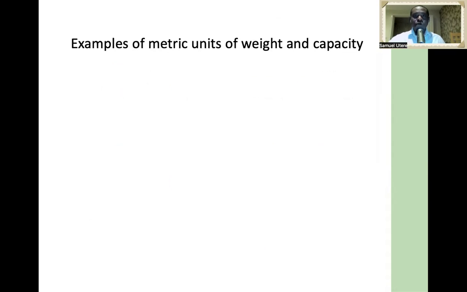Okay, let's now make progress to learn about metric units of weight and capacity. Another word for capacity is volume. So let's look at examples of metric units of weight and capacity. Now, take note that when we say weight, you really need to be careful how you use that word, especially when you study science.